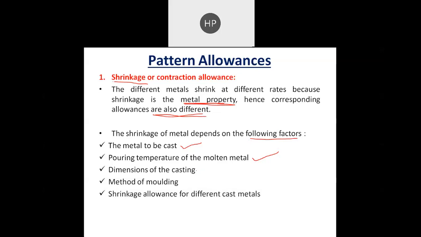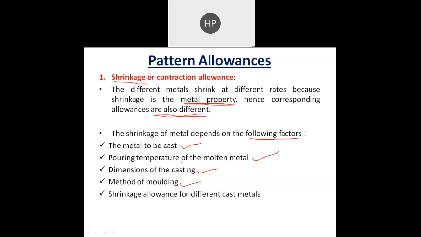Then the dimension of the casting: if it is a big casting or small casting, if it has certain narrow spaces or thin areas, all these parameters also play an important role in shrinkage. Then the method of molding. There are different types of molding methods, and in all these methods the cooling rate will be different, and at the same time the outer environment will be different.